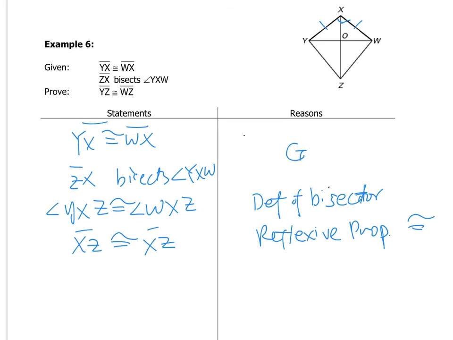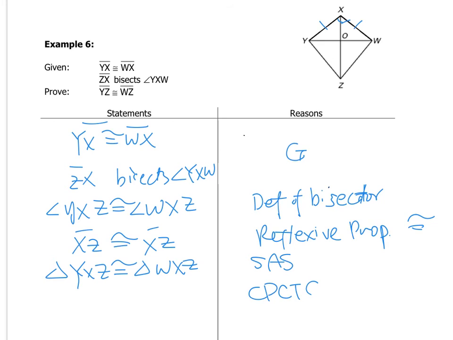And because of that, notice that we now have a situation that's SAS. We have the angle sandwiched in between two sides. So triangle YXZ is congruent to triangle WXZ. And by CPCTC, we conclude the corresponding sides, WZ and YZ, are congruent.